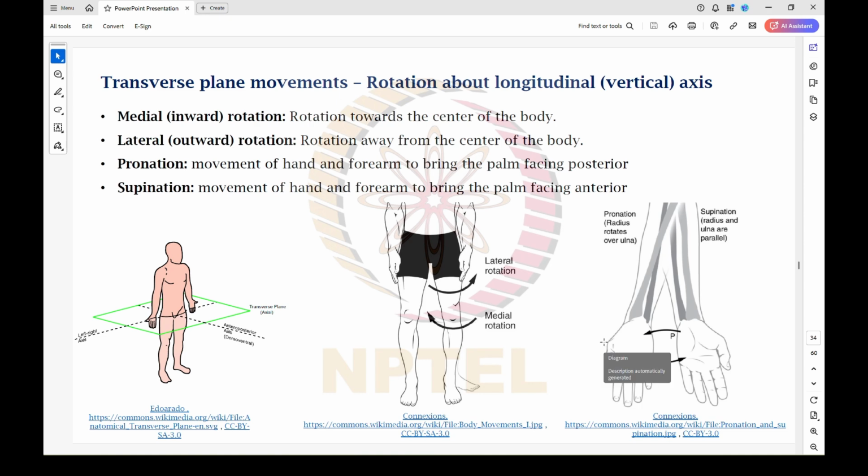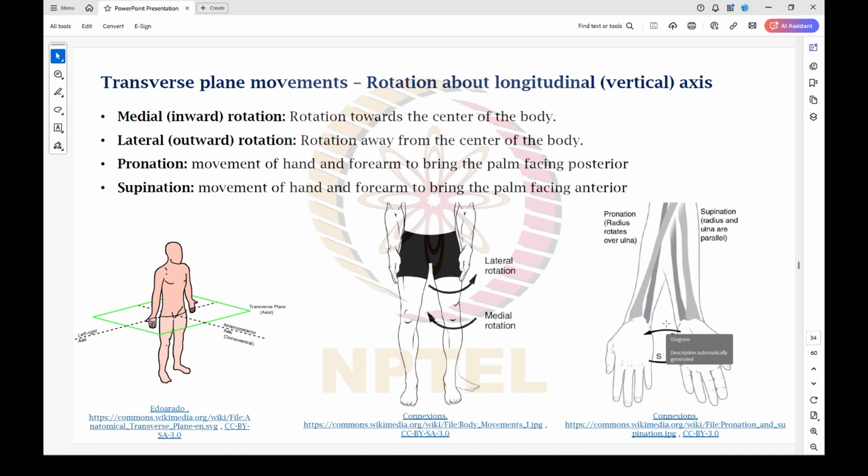Again, there is specific nomenclature for the hand and the forearm movement. When you twist your arm such that the radius rotates over the ulna, and the palm is facing the posterior or the back side of the body, that's a pronation movement.